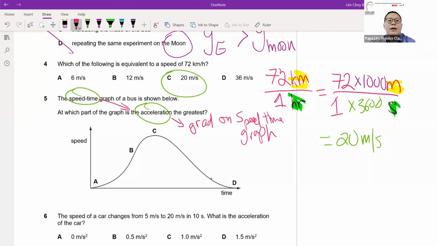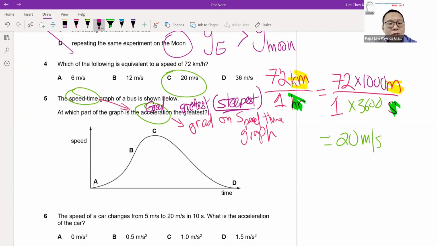So indirectly, when I ask which part of the graph has the greatest acceleration, I'm actually asking which part of the graph has the greatest gradient. Greatest gradient actually means the steepest line. For acceleration, it will be a positive, upward sloping, steeper straight line.